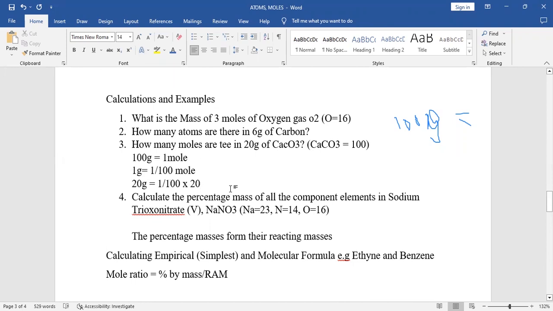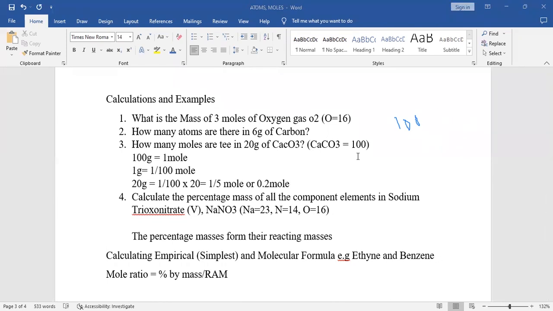This will be 1 over 5. So equals 1 over 5 mole or 0.2 mole. So that's it basically.